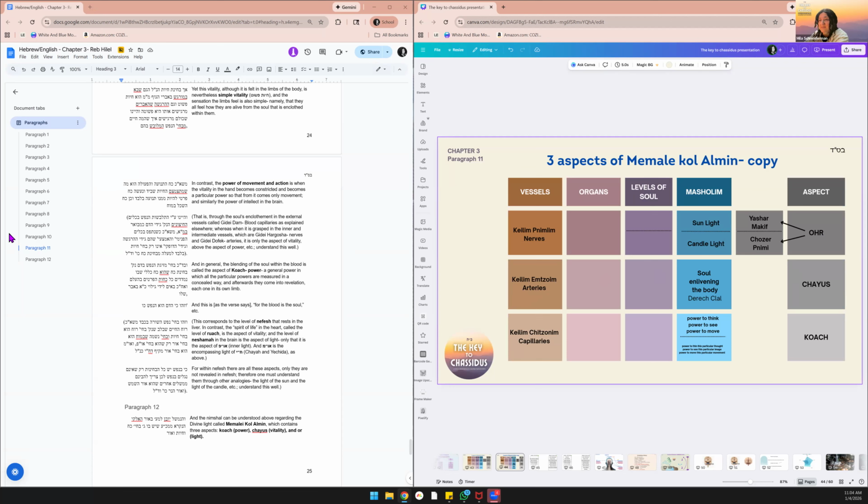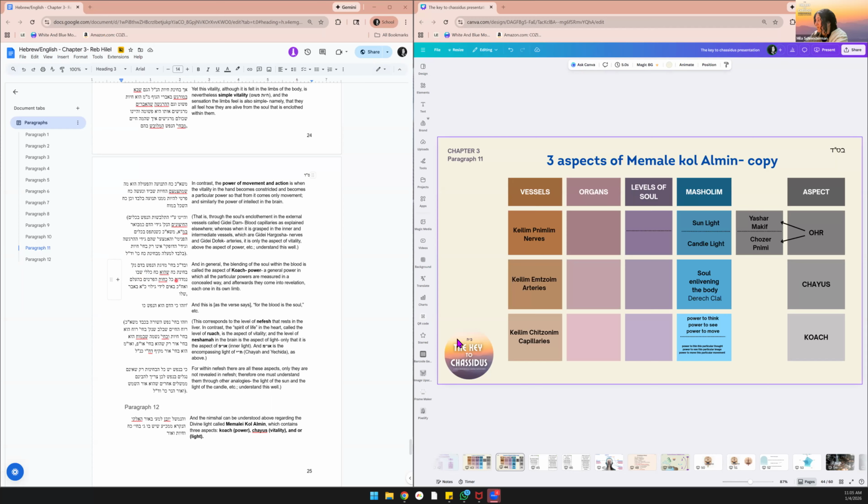B'derech klal b'chinas meziga b'nefesh, we're right here, right? B'derech klal meziga b'nefesh b'dam nikra b'chinas koach shu koach haklali, right? And general, the blending of the soul within the blood is called the aspect of koach, which is power, a general power in which all particular powers are measured and in a concealed way. And afterward, they come into revelation, each one in its own limb.